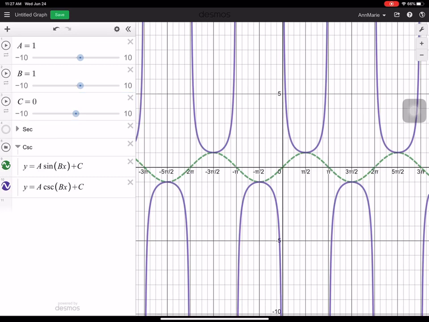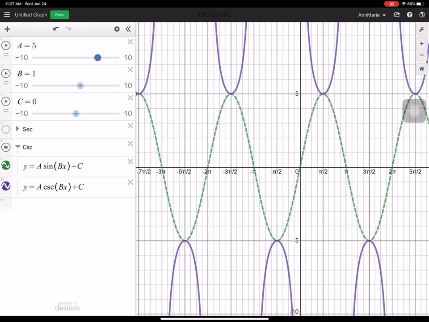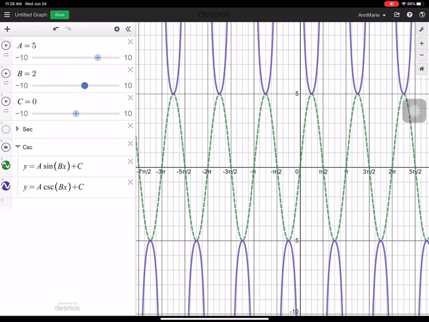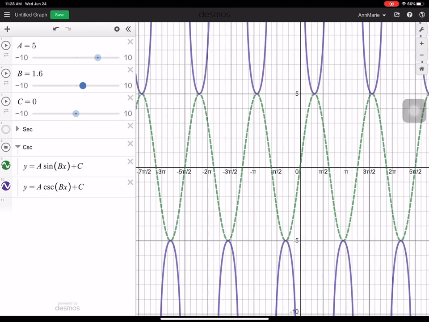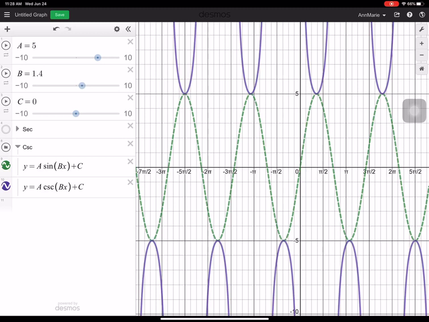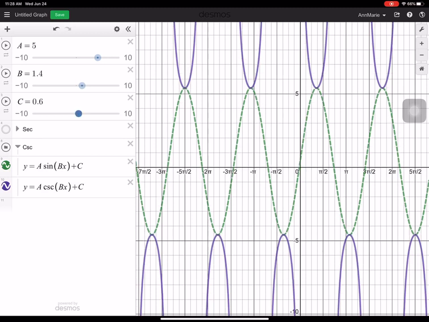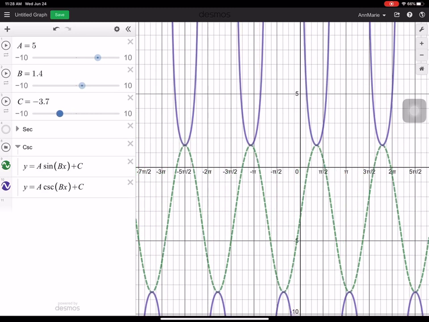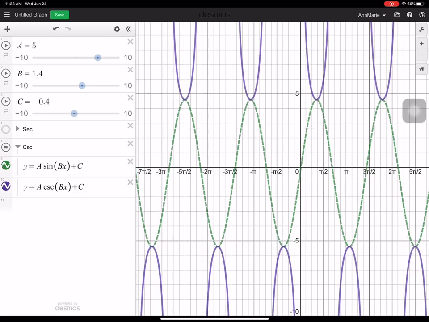So if I make my a bigger, my cosecant curves, the halves of my cosecant function, get further apart. If I change my internal multiplier, my period changes in the expected way. Right? If I change my external adder, my midline moves up or down. All right.